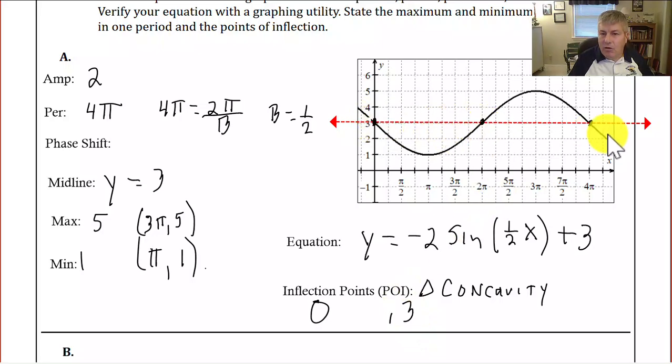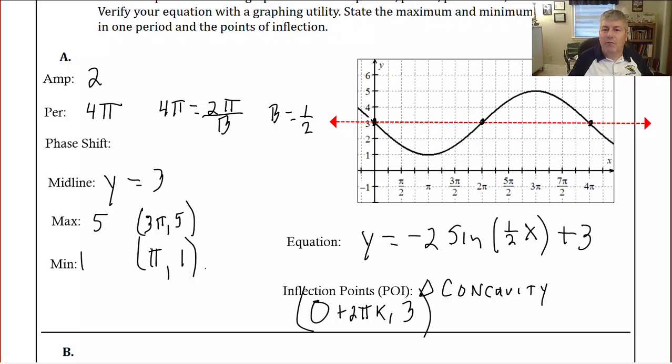But they occur every 2 pi. So 0 plus 2 pi k, where k is the number of cycles we go through. So I would say our inflection points are (0, 3) and then 0 plus 2 pi k, because for every half of our cycle here, we have a change in concavity.